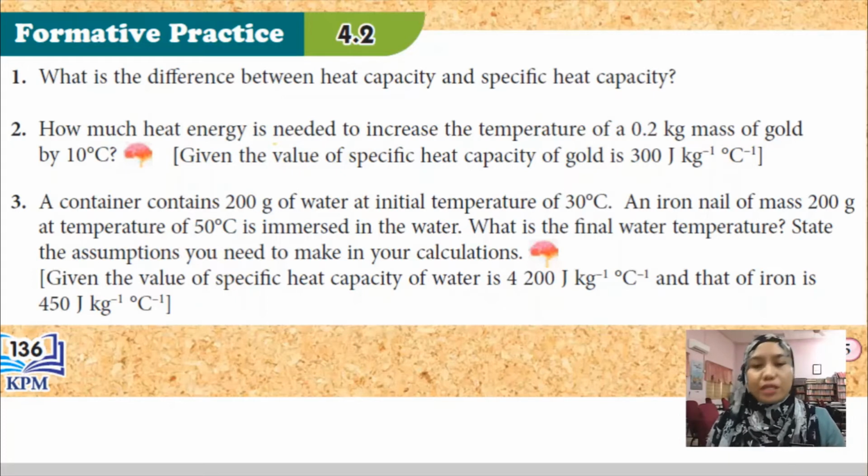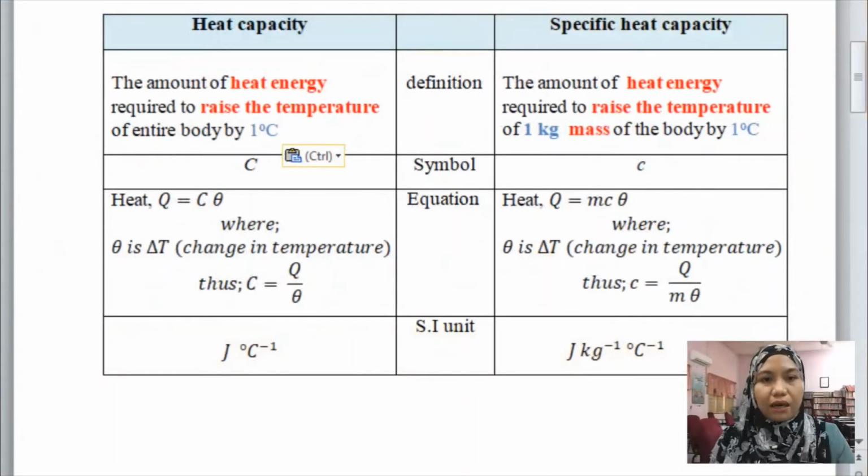For this question, we apply the equation of specific heat capacity, since it includes the value of specific heat capacity.